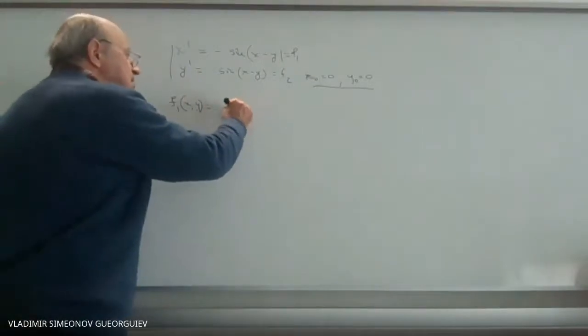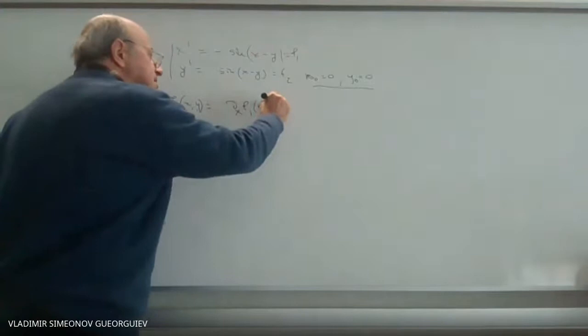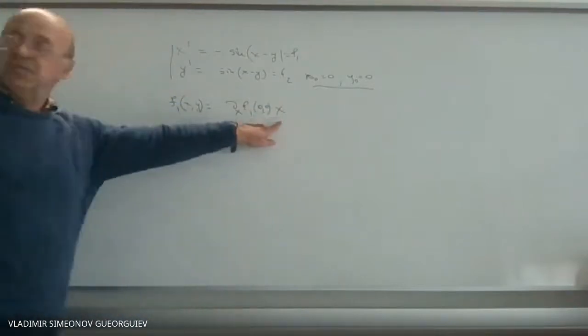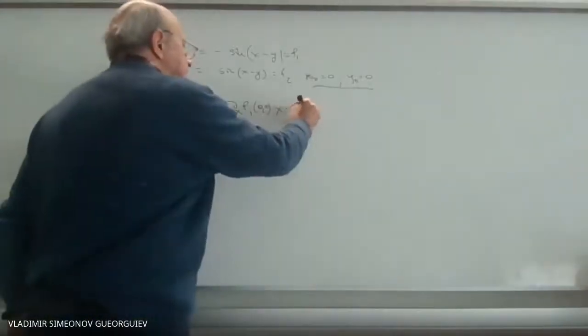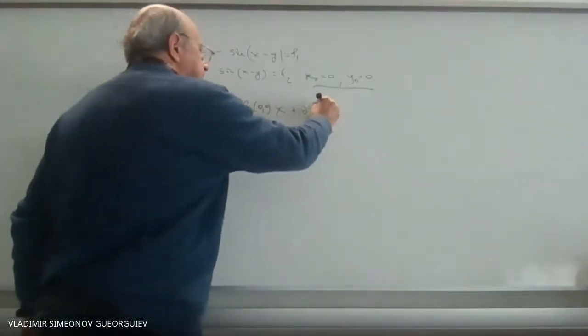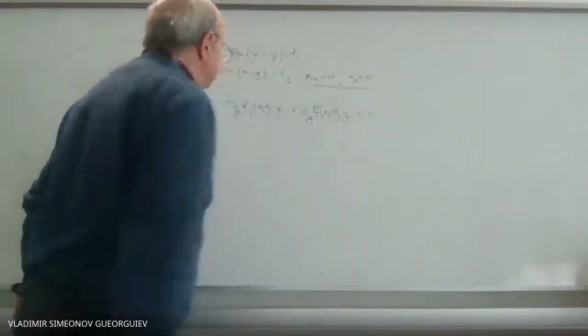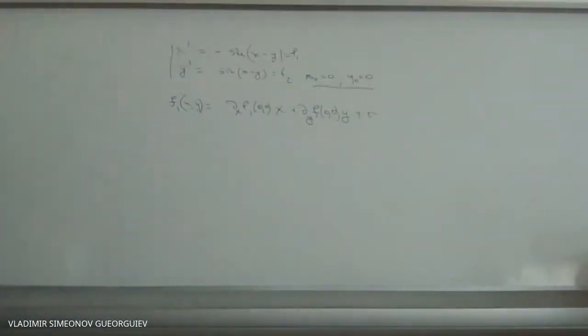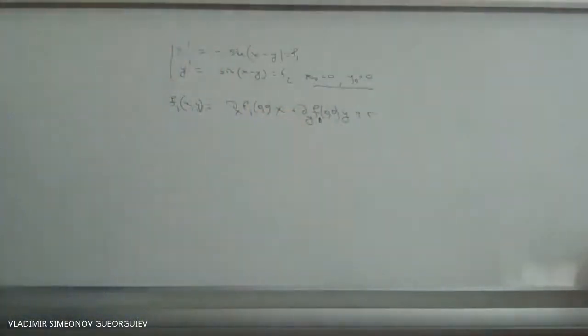We start with the derivative of F1 at the point 0, 0 times x, since x0 is 0, this is only x, plus the derivative with respect to y at 0, 0 times y, plus a remainder. Of course, this is F1, because we made the Taylor expansion of F1.